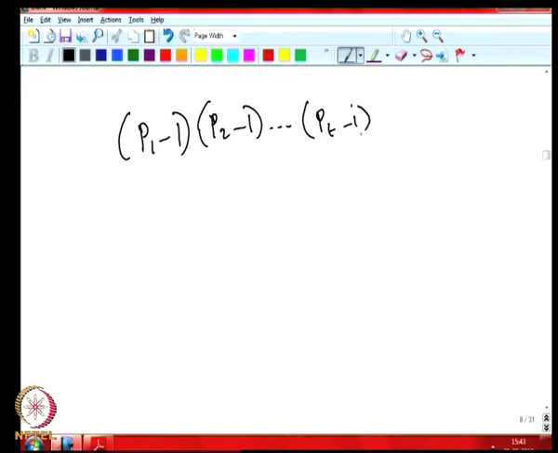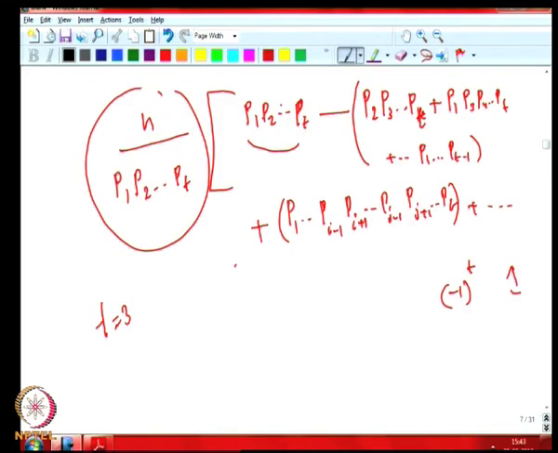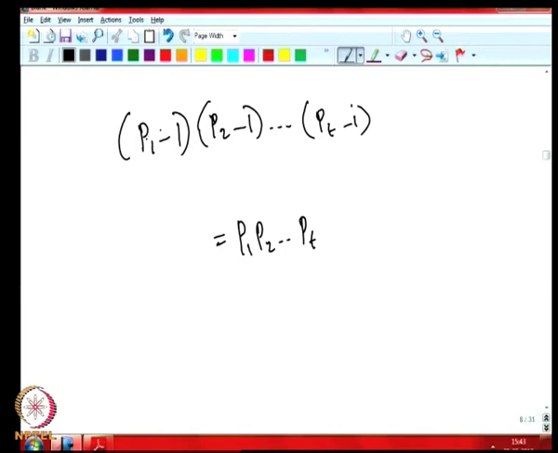If you expand this, the first term will be p1 into p2 into pt, right. What is happening is we are taking p1 from here, p2 from here, pt from here, and then we will leave out, we will take minus 1 from one of the factors.